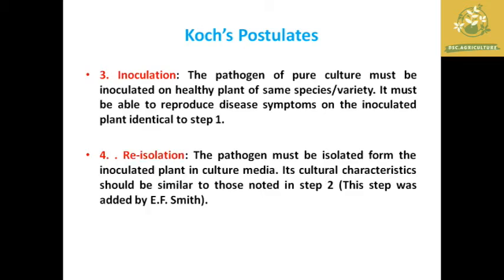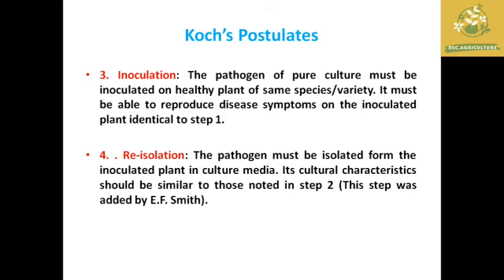And the third is inoculation. The recognized pathogen is isolated and mass cultured, and then it is inoculated as a pure culture into a healthy plant of the same species or variety, so that susceptibility or resistance can be easily found out. Once the disease is identified, we must know whether it is caused by a particular organism or whether it is a complex one.